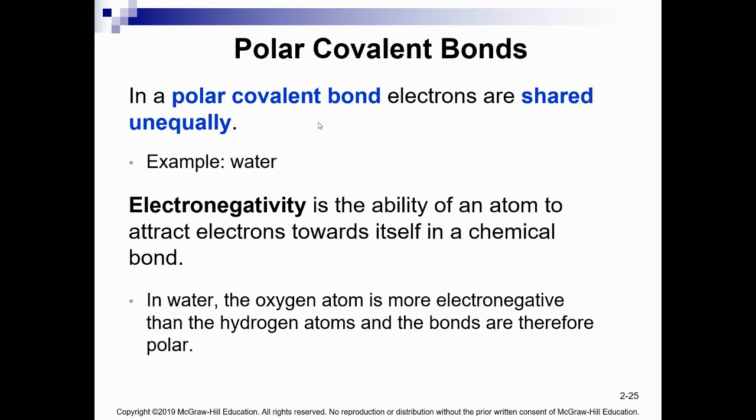Some atoms are more electronegative. They have a greater affinity for electrons. They'll pull them closer to them more tightly. So in water, the oxygen atom is more electronegative than the hydrogen atoms. And so it keeps those electrons close to it longer than the hydrogen. It kind of hogs them to itself.